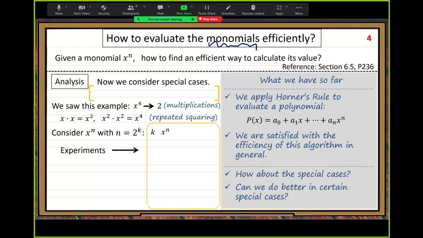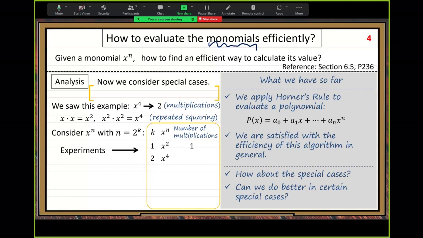The first column is the k column, the second column is the corresponding monomial column, and the third column counts the number of multiplications. So let's do our experiments here. When k equals 1, n is 2 to the first, x squared, and we need 1 multiplication, x times x. Next, k equals 2.